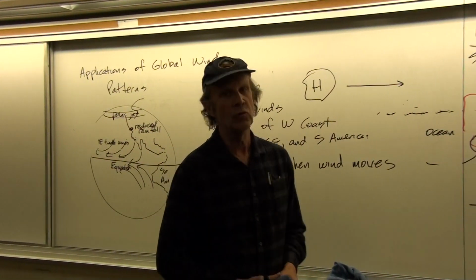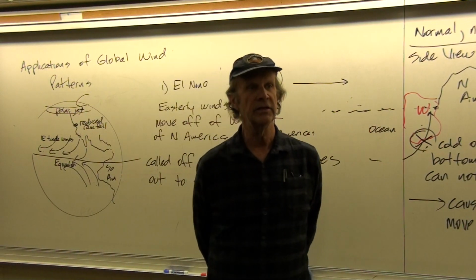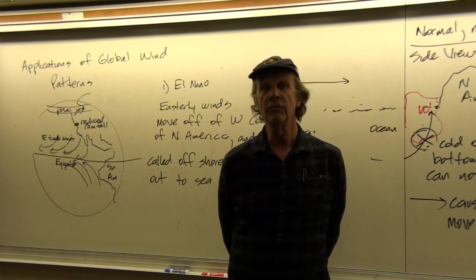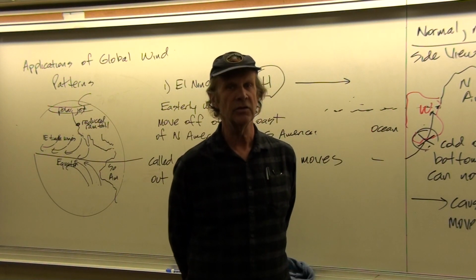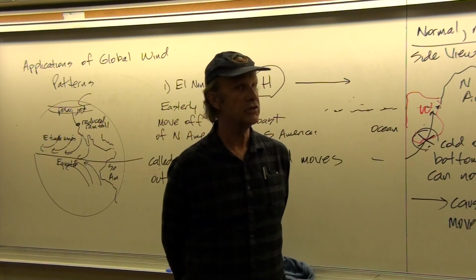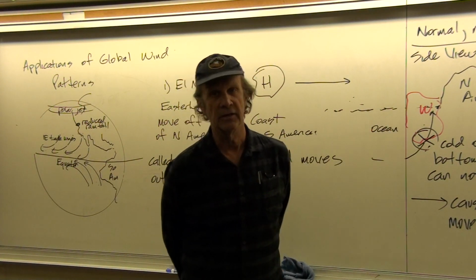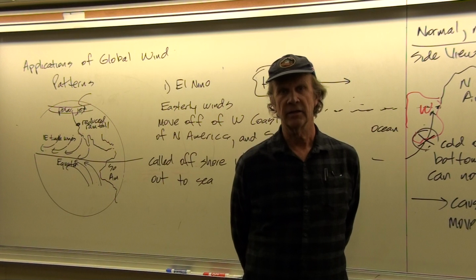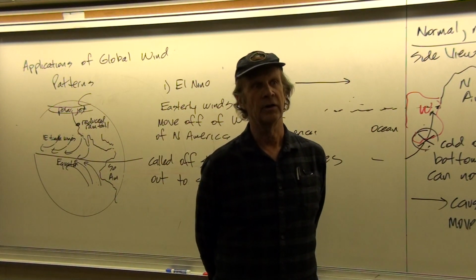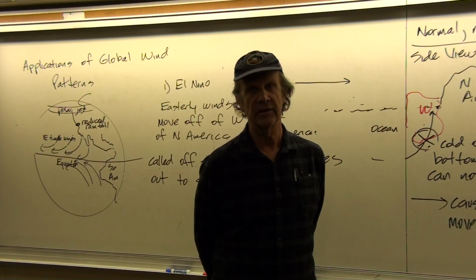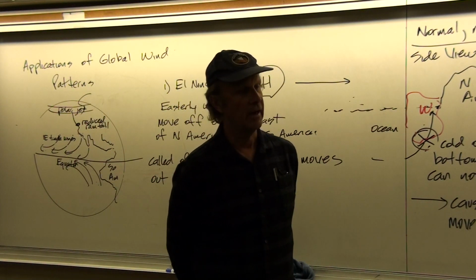But recently, what we've discovered is that the El Niño conditions can be overwhelmed by global climate change. And so the increase in the ocean temperatures that is caused by global climate change and by the melting of the glaciers and everything else that is associated with greenhouse gas heating from carbon dioxide in the atmosphere.